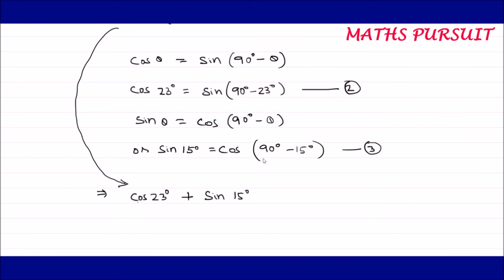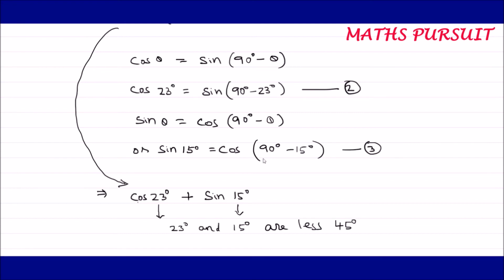And guys, you could see that this 23 degree and this 15 degree are less than 45 degree. So this satisfies the given condition in the question, because they want us to express sine 67 degree plus cos 75 degree in terms of trigonometric ratios of angles between 0 degree and 45 degree.